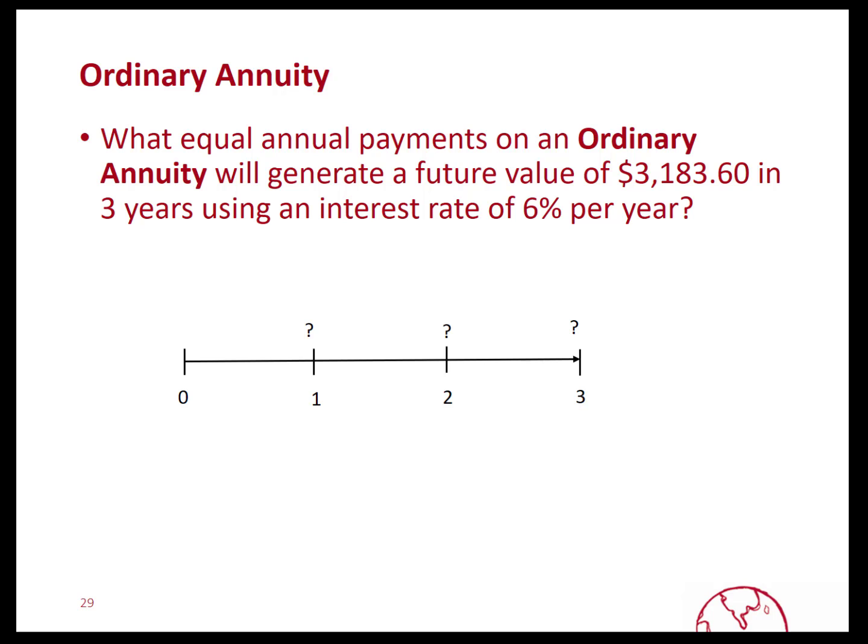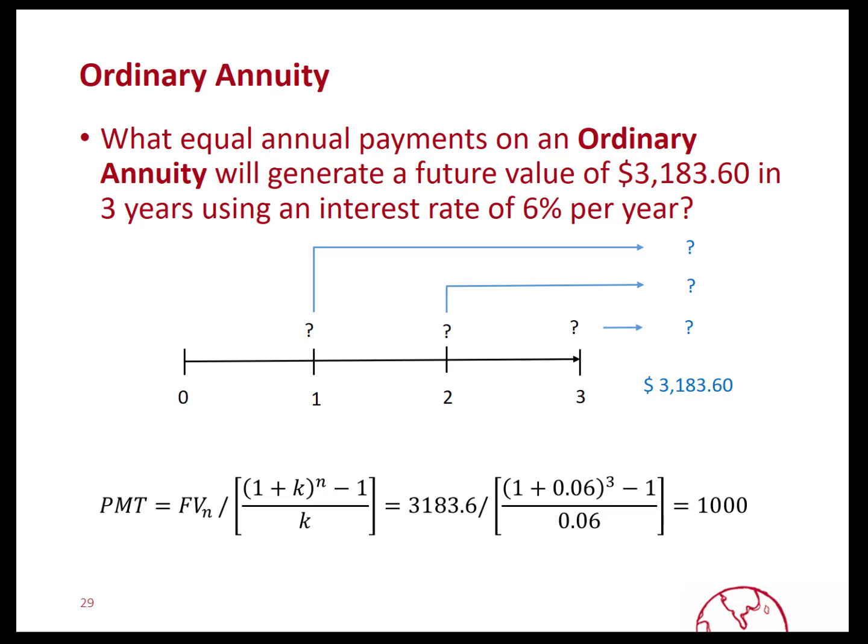We know that we want to receive equal payments in each period such that their future value is going to be $3,183. If we plug it into the formula using the 6% rate of interest, the equal payment is going to be $1,000 at the end of years 1, 2, and 3.